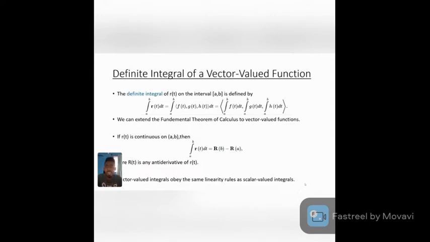We can extend the fundamental theorem of calculus to vector valued function. If r(t) is continuous on [a, b], then the integral of r(t) dt equals R(b) minus R(a), where R(t) is an antiderivative of r(t). Finally, vector valued integrals obey the same linearity rules as scalar valued integrals.